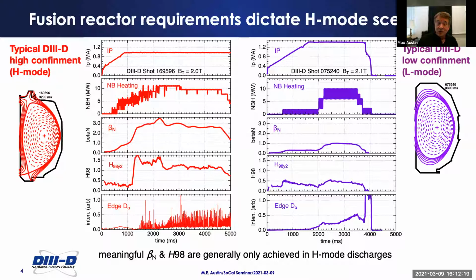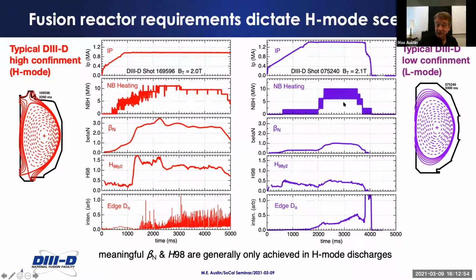On the left, the H mode discharge has up to 10 megawatts of heating, and it achieves normalized beta at 3 with an H factor higher than 1 through most of the discharge. It has this edge phenomenon known as ELMs, as indicated by the spectroscopic measurements of the D alpha line, shown in this bottom trace.